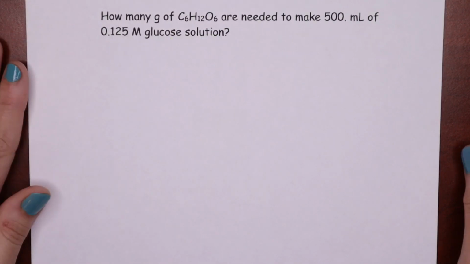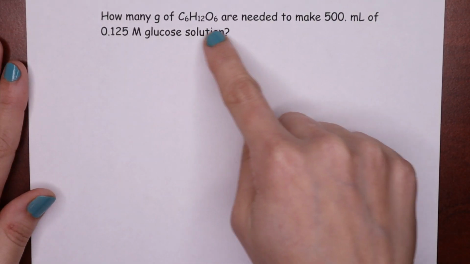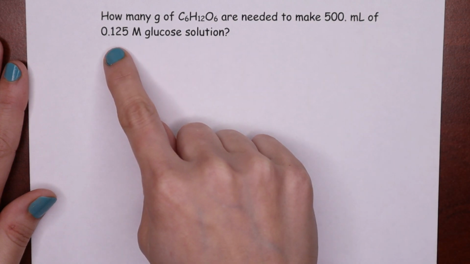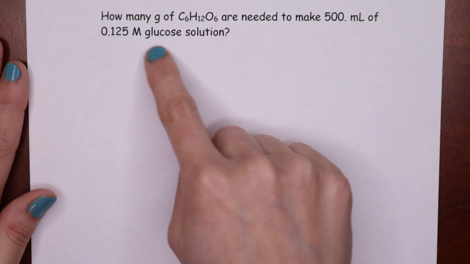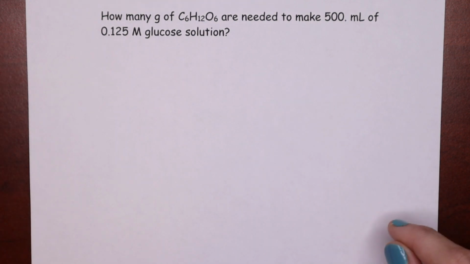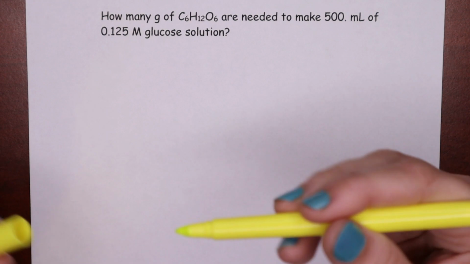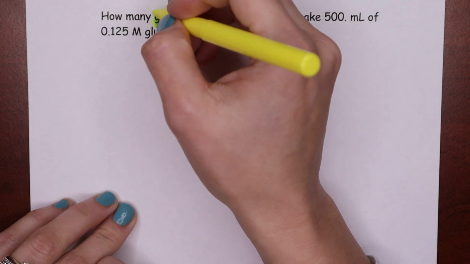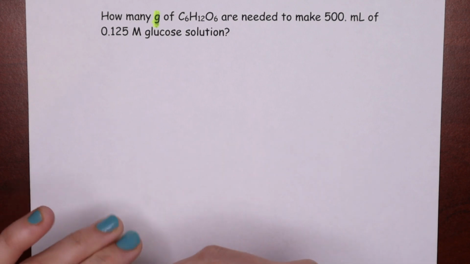The next question is asking, how many grams of glucose are needed to make 500 milliliters of a 0.125 molarity glucose solution? So first off, identify what they are asking. They're asking us for grams of glucose, so we want grams as our final unit.